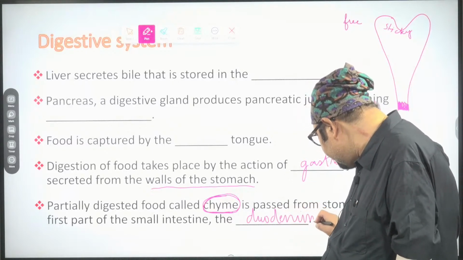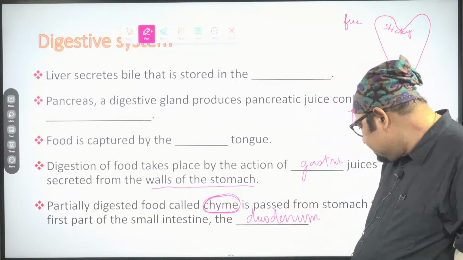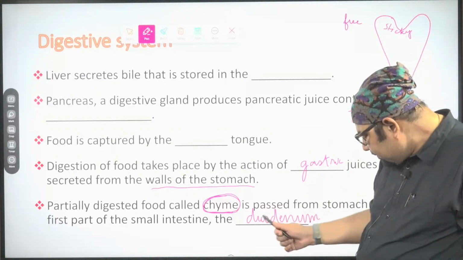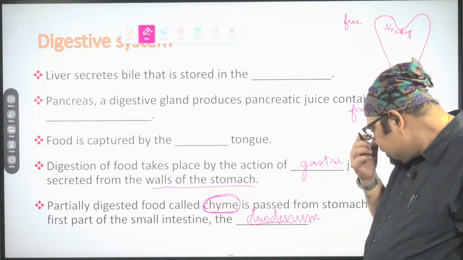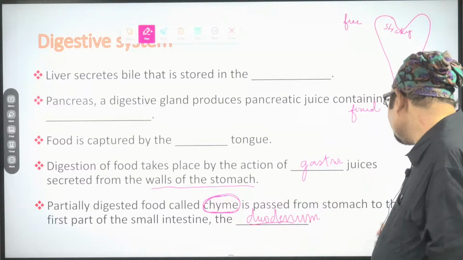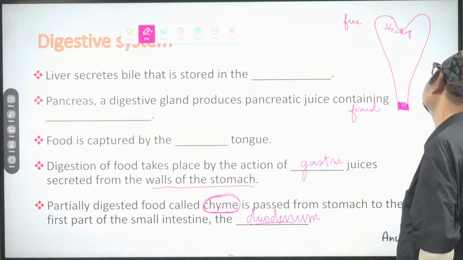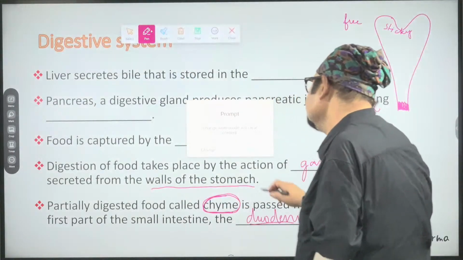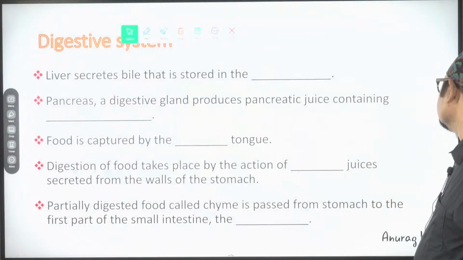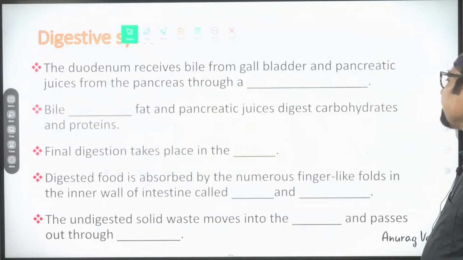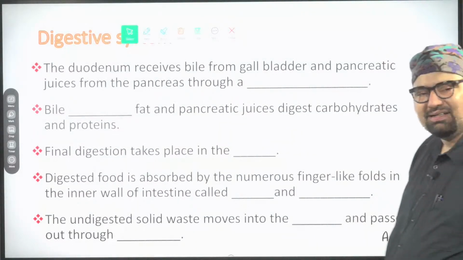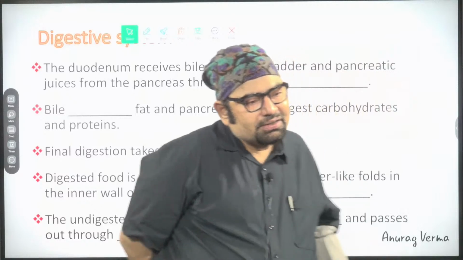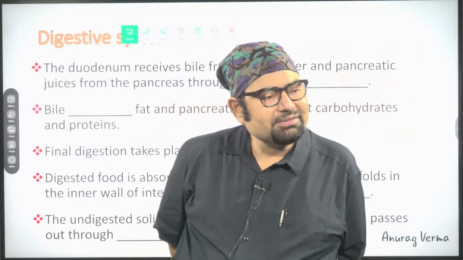Duodenum. Anyone who knows why it is called duodenum? Or just tell me what is the meaning of duoden? Duo and den. Any idea what duoden means? No, this is not the spelling of duodenum.